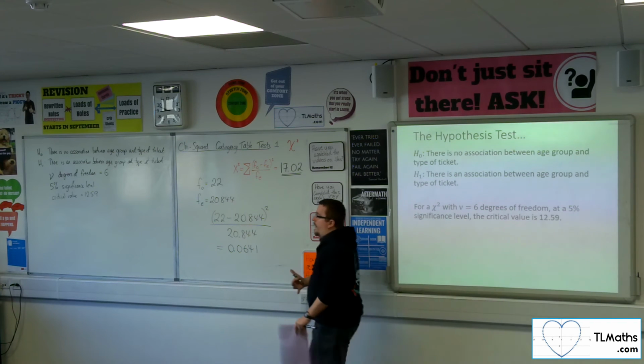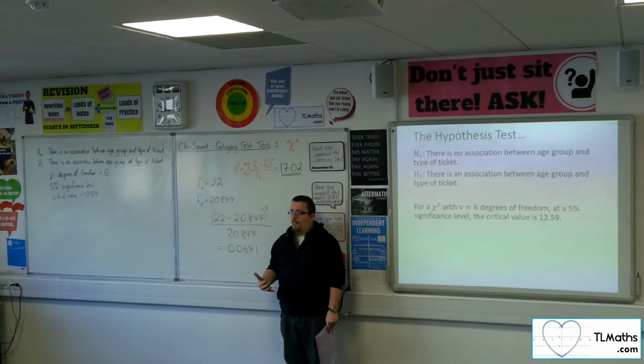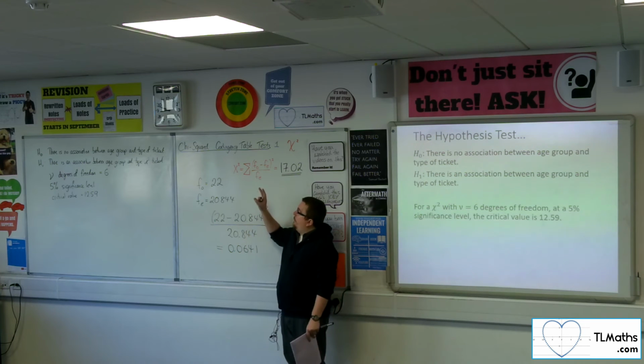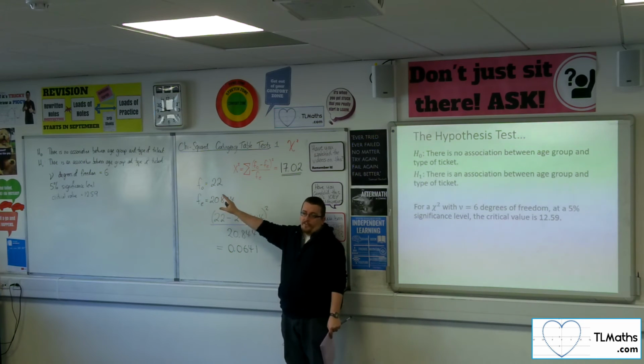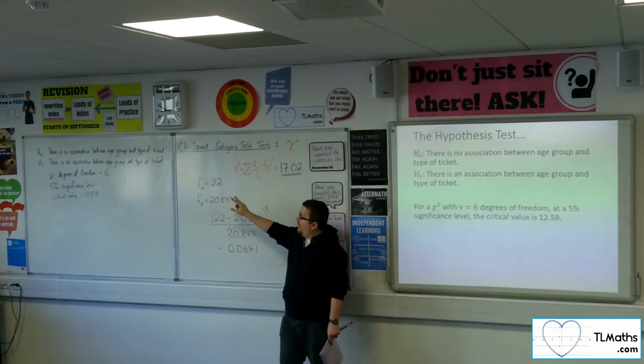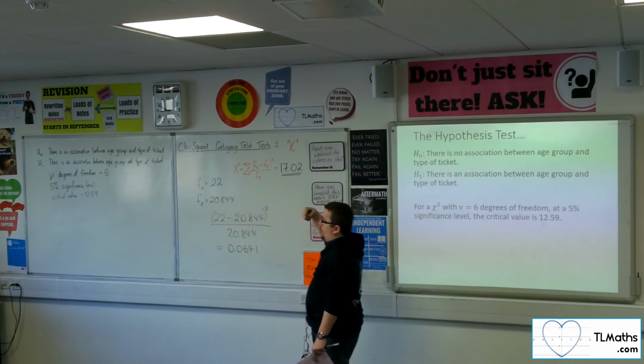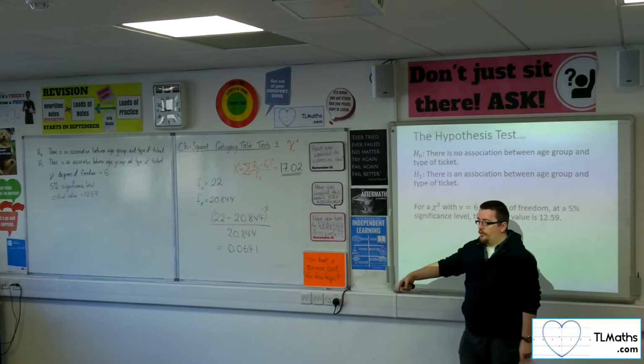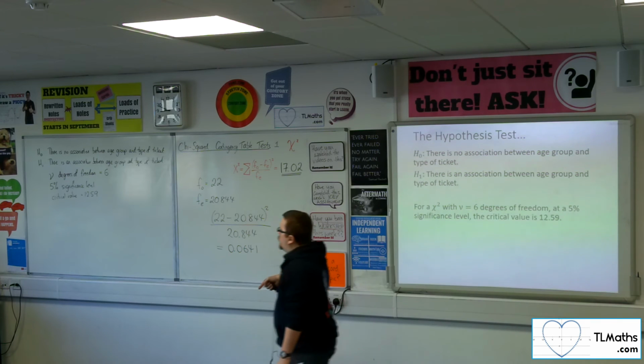For a Chi-Squared distribution hypothesis test, these are always the same null and alternative hypotheses. They're always going to be there is no association and there is an association. So it's quite easy to revise.